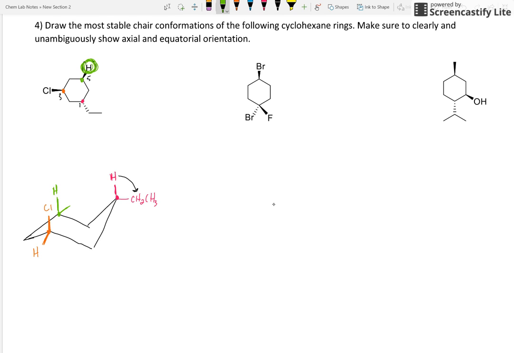So I'm going to put my hydrogen here. I'm going to draw a different color hydrogen just for emphasis sake. So remember, up to get to the chlorine, up to get to that hydrogen, cis. Up to get to the green hydrogen, down to get to the ethyl, trans. Okay, all right, so there we go. We got our first one. Good to go. Next.